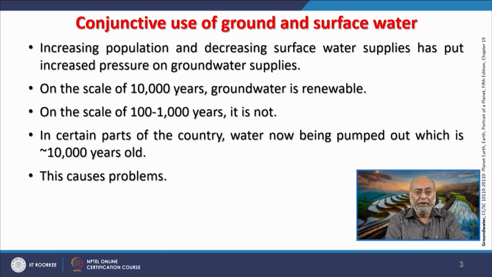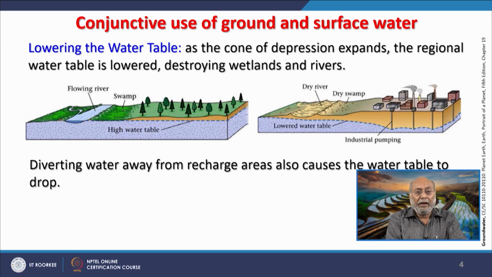So, it is a kind of alarming situation. And if we see what happens when the water table is lowered, as in the two schematics here, when the water table or the cone of depression expands because of over exploitation of groundwater, the regional water table will go down, and what will it destroy?